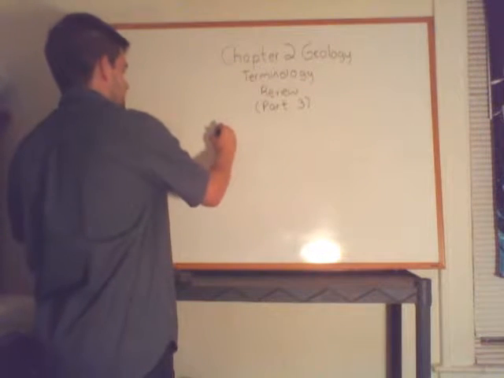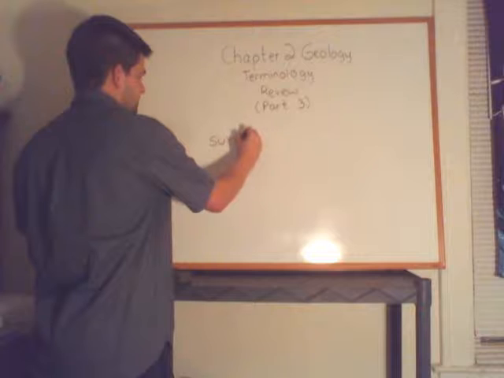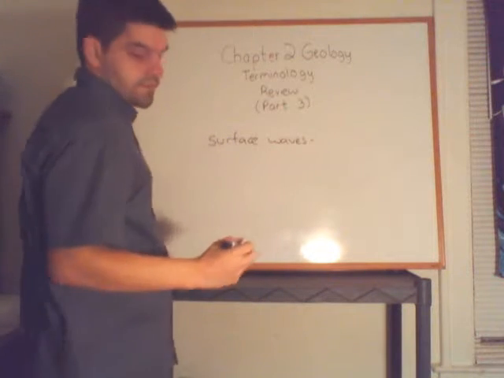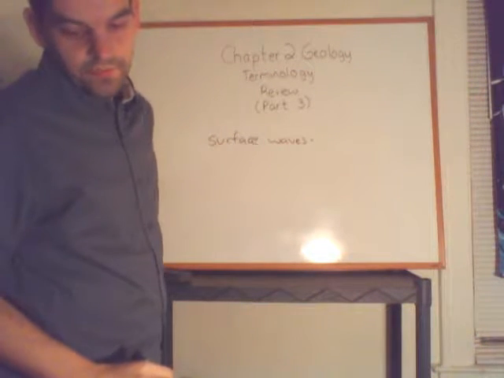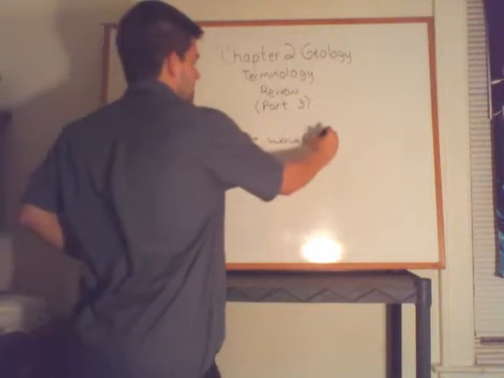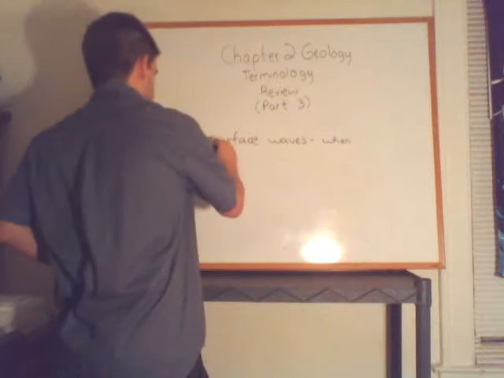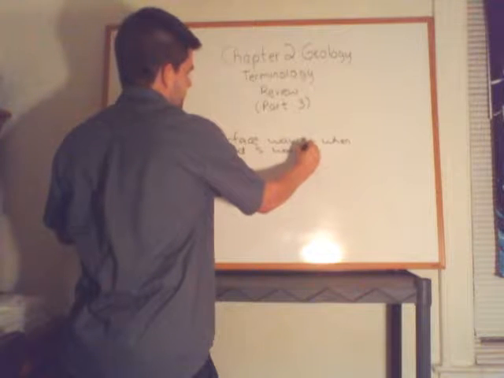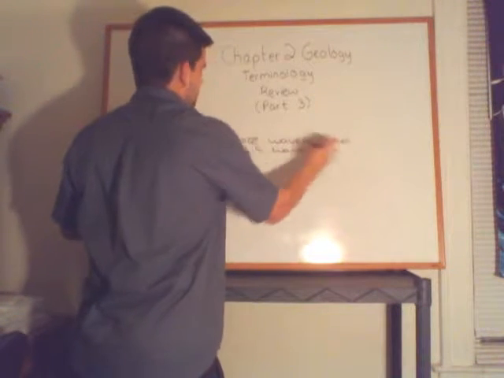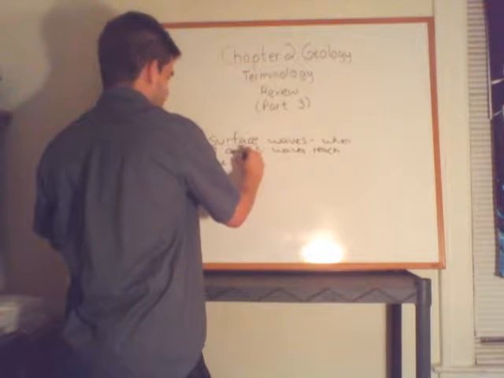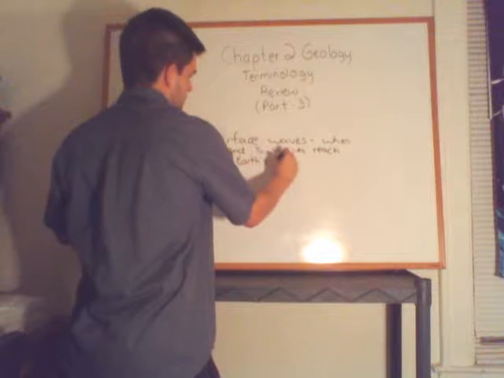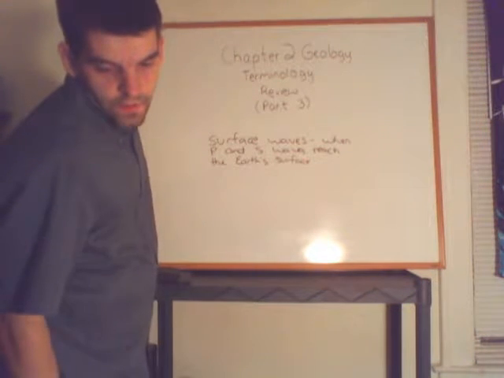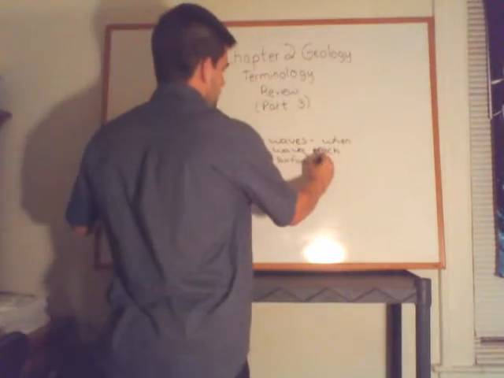The next type of wave that we have is a surface wave. Surface waves occur when P and S waves reach the Earth's surface, and they generate a third type of seismic wave.